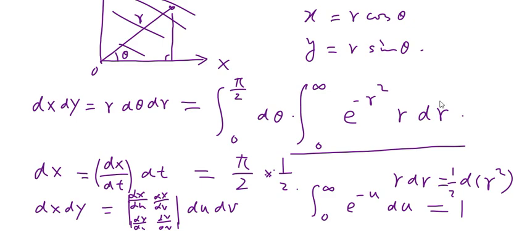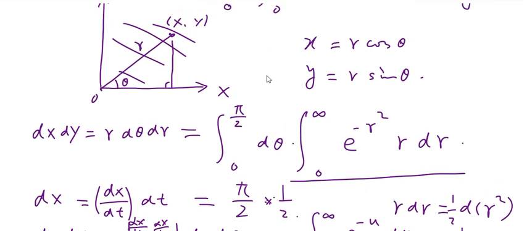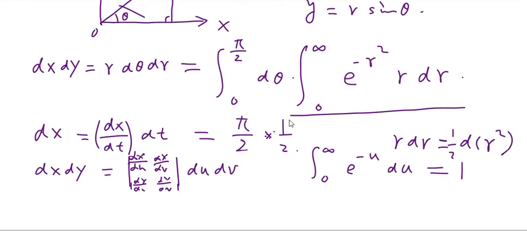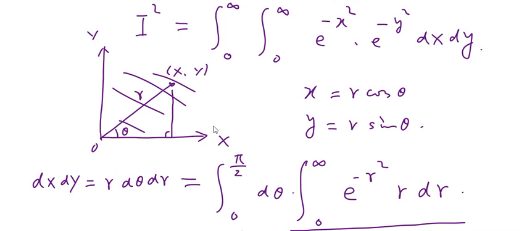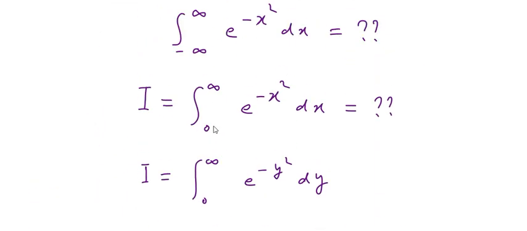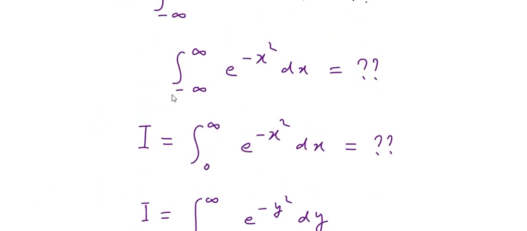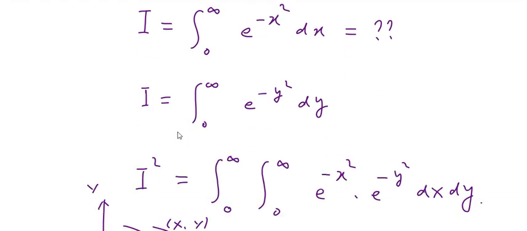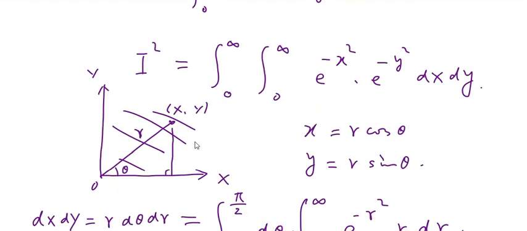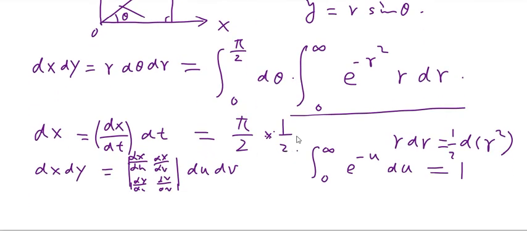So this is for the first quadrant. Actually we are talking about all four quadrants, so we just multiply by 4.